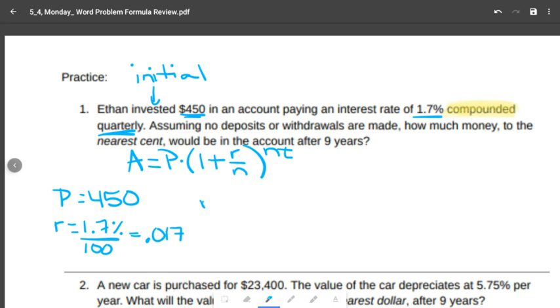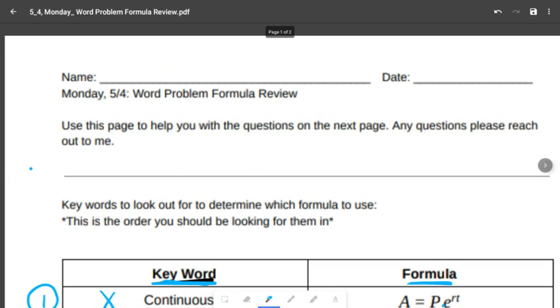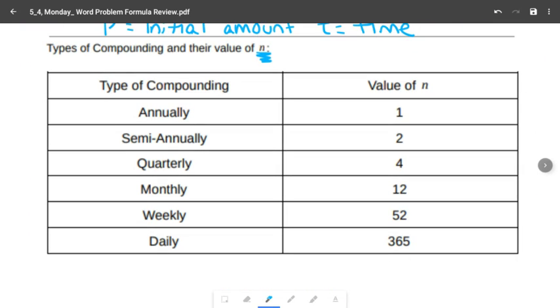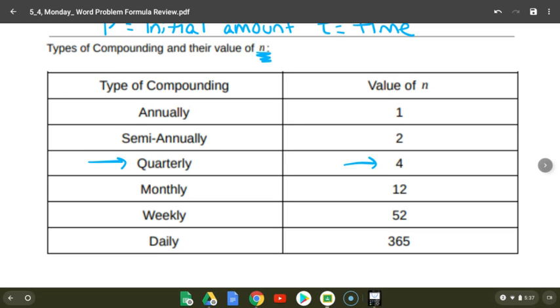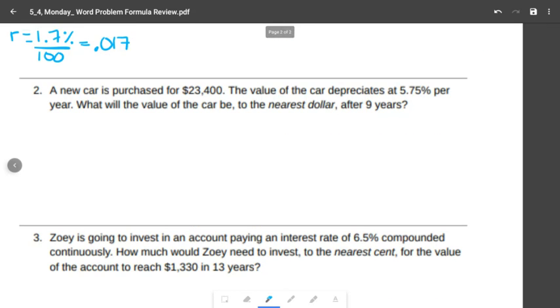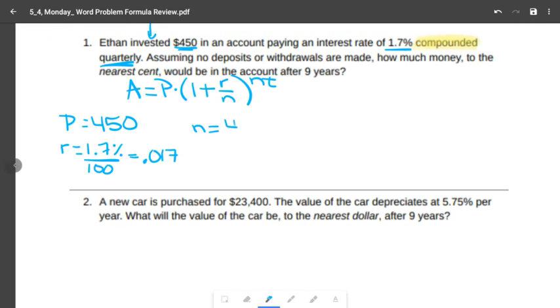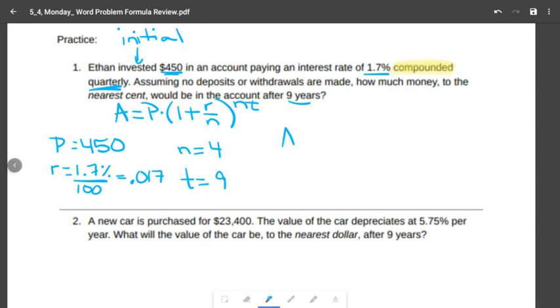Compounded quarterly, so this is going to give us our n. Looking at my table, here is quarterly, and quarterly means that n is going to be 4. And we want the value of the account after 9 years, so t is 9. So we are going to plug all of these numbers into the formula where they belong.